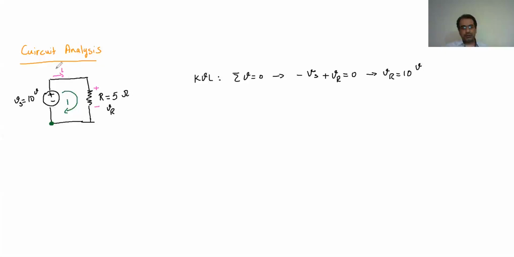So if you choose the I like that, make sure that you choose the positive and negative polarities according to the direction of the I you chose. And when you solve the circuit, if everything comes out positive, it means whatever you assumed is right. If anything comes out negative, it means that it's opposite of what you assumed. If the I is negative, the direction is reversed. If the V comes out negative, the polarities should be flipped.